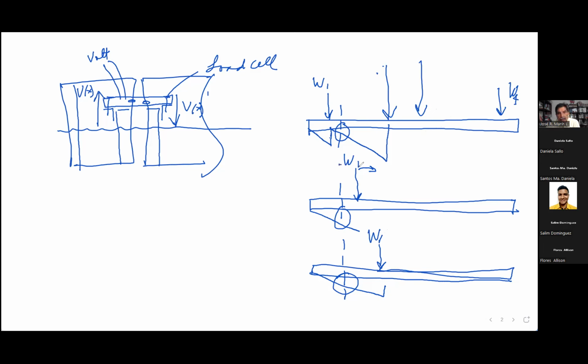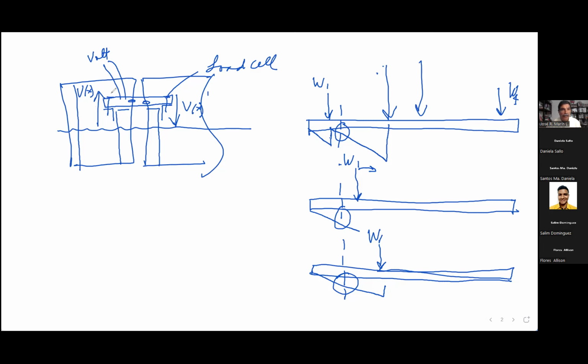So when I move this a little bit to the right, I have to move this a little bit to the left so that the trim will be 0 or more or less 0. So this is the same force. It's a weight, but I just move it in the x direction. Mr. Dominguez? Yes, doctor. But the load cell doesn't move, right? No, the load cell is there. So, for example, in one point you have this W1 on this side.